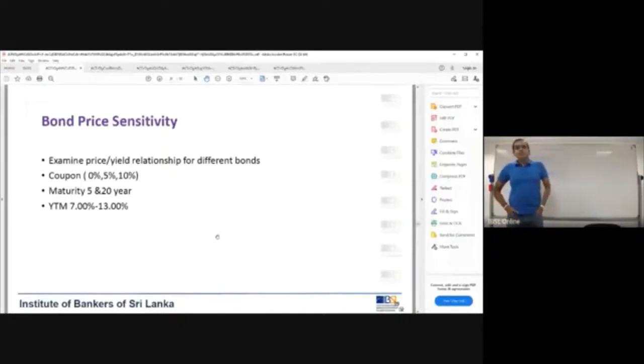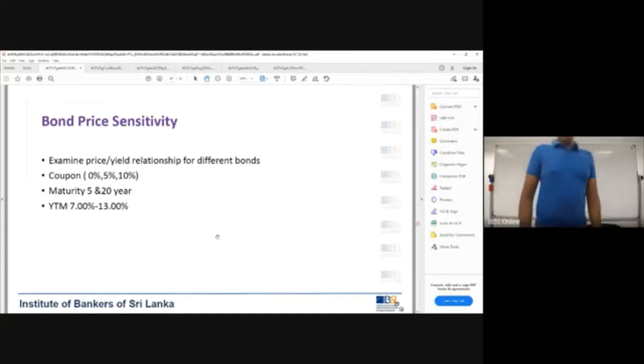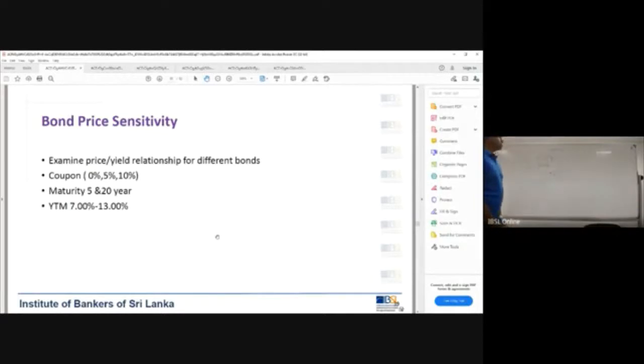In this analysis, we have analyzed the price yield relationship of various types of bonds, with coupons going from 0%, 5% to 10%, and maturity going from 5 to 20 years. Then we kept changing yields from 10%, 3% down and 3% up. Now, what we need to find is what determines duration.